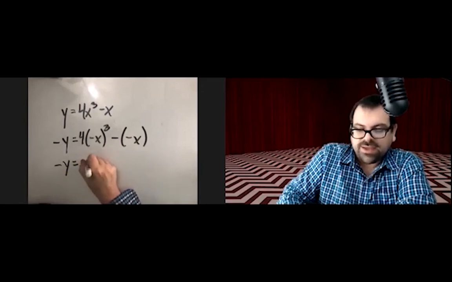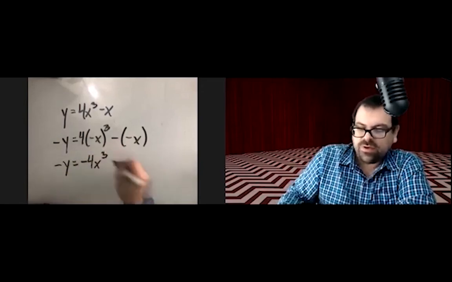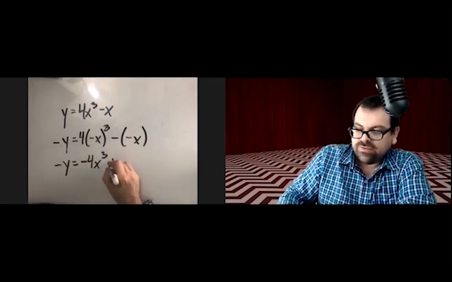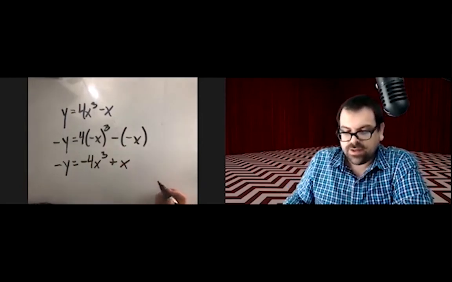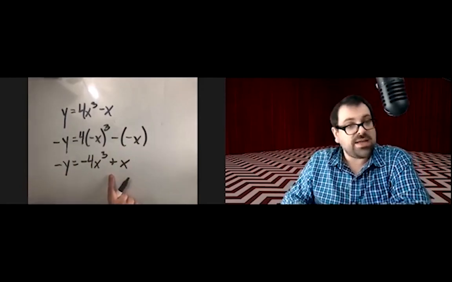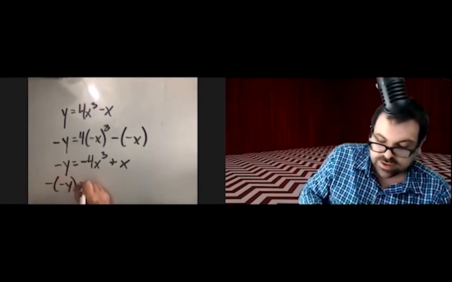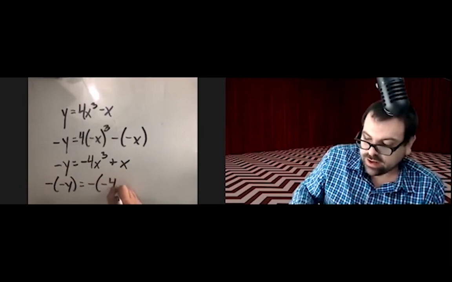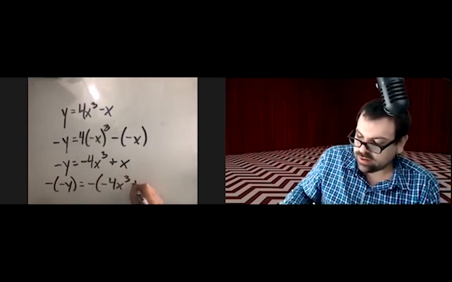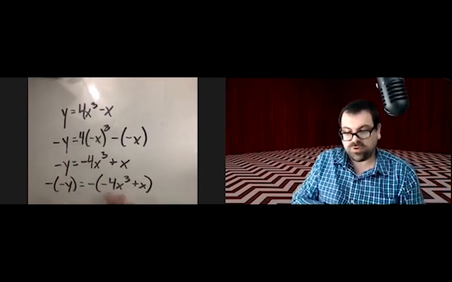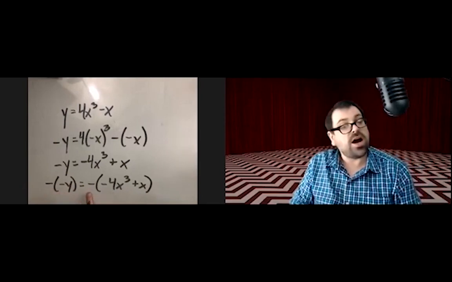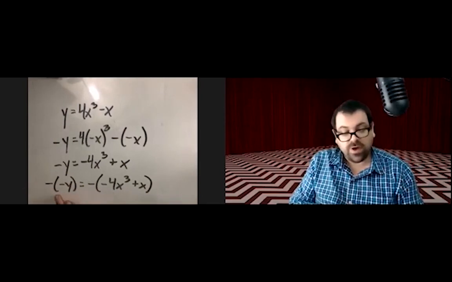Cubing a negative makes the term negative. Minus a negative is plus. Multiply both sides by -1 to solve for y. So there's both sides unchanged, taking the opposite. On the left, the opposite of -y is y.